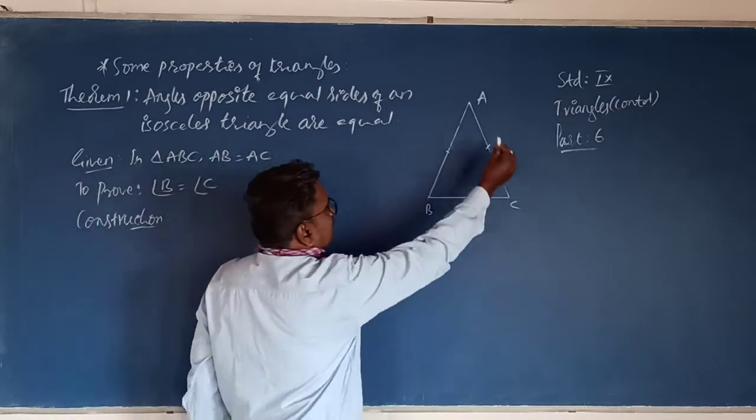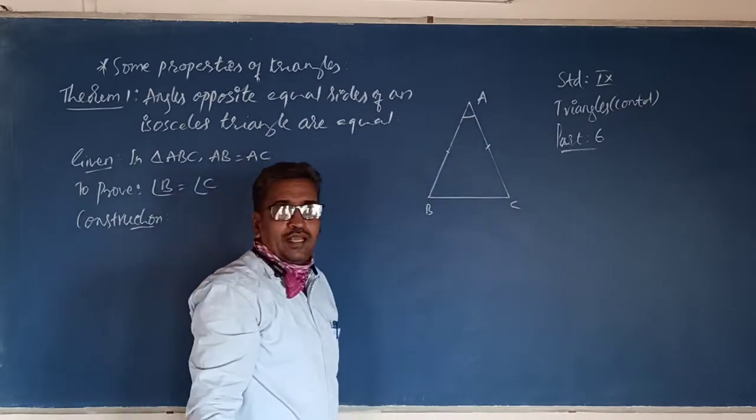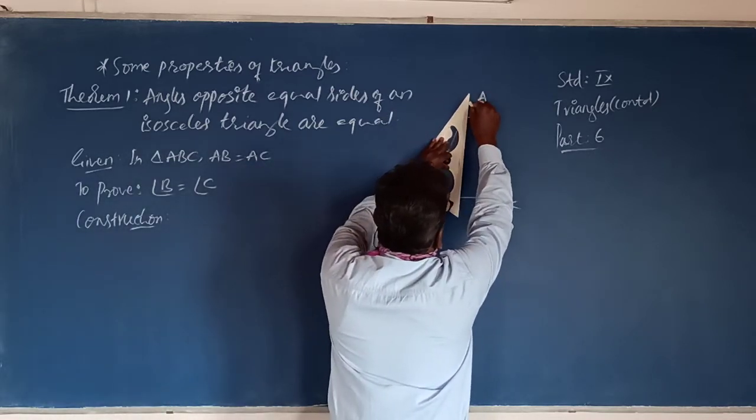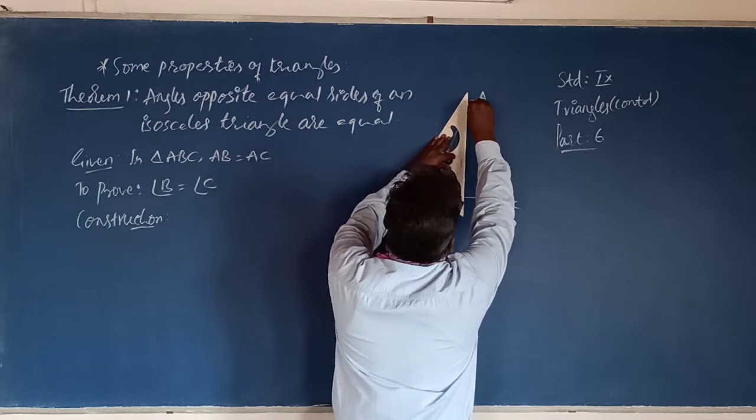Now I am bisecting the angle A, that is, bisect the vertex angle.